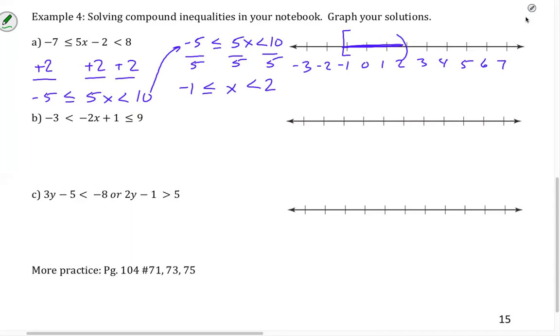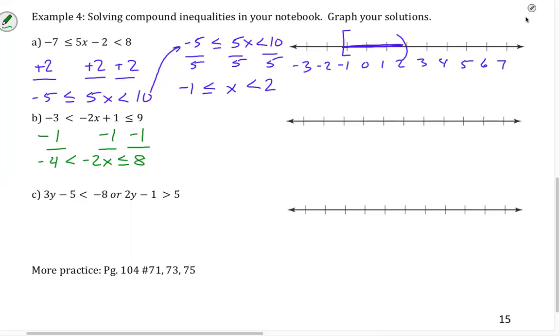Well, let's focus on what would you do in the middle? What would be the first thing you'd get rid of in the middle? Would you get rid of the times the -2 or the +1? +1. So let's subtract 1. Okay. So we're going to subtract 1. And we're going to get -4 is less than -2x, which is less than or equal to 8.